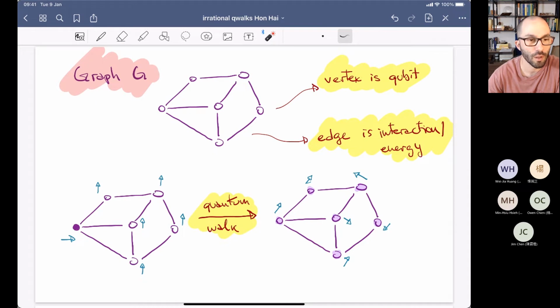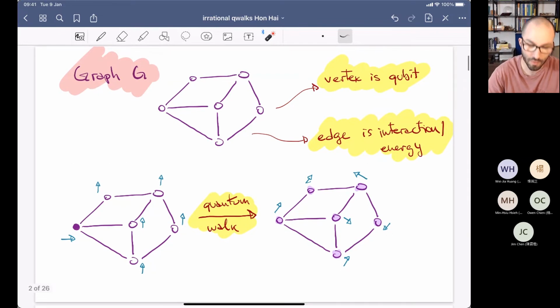And then you simply leave the system to evolve in a closed fashion. This is what we understand by a quantum walk. After time passes, you should observe that the states of each one of these qubits are changing. This is a dynamic phenomenon.